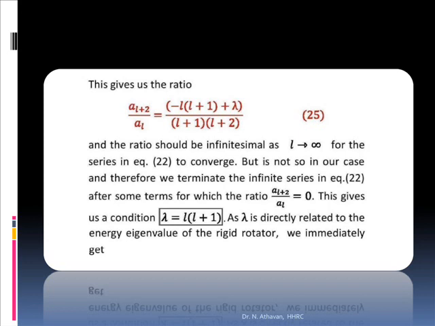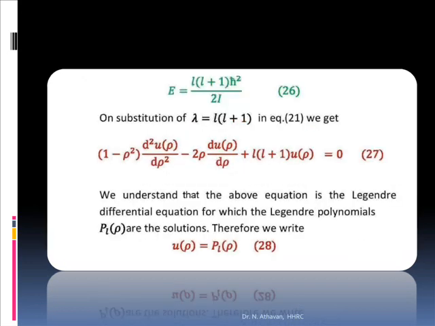Therefore, we get lambda is equal to L(L plus 1). As lambda is directly related to the energy eigenvalue of the problem, we immediately write the energy eigenvalue of the rigid rotator as E is equal to L(L plus 1) h-cross square divided by 2I.